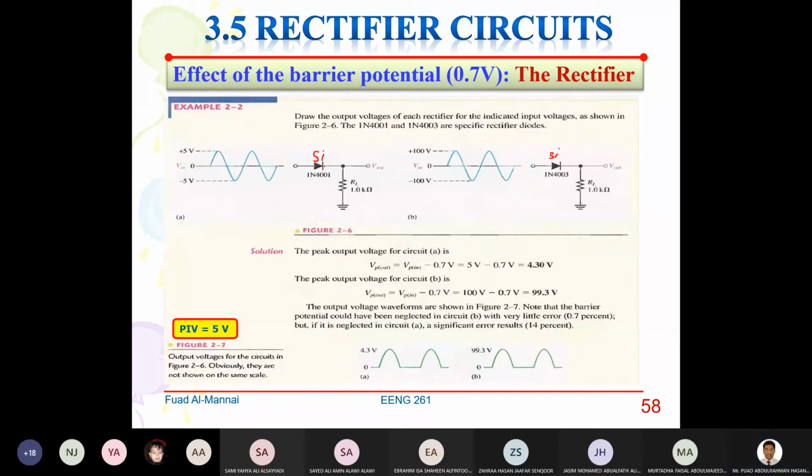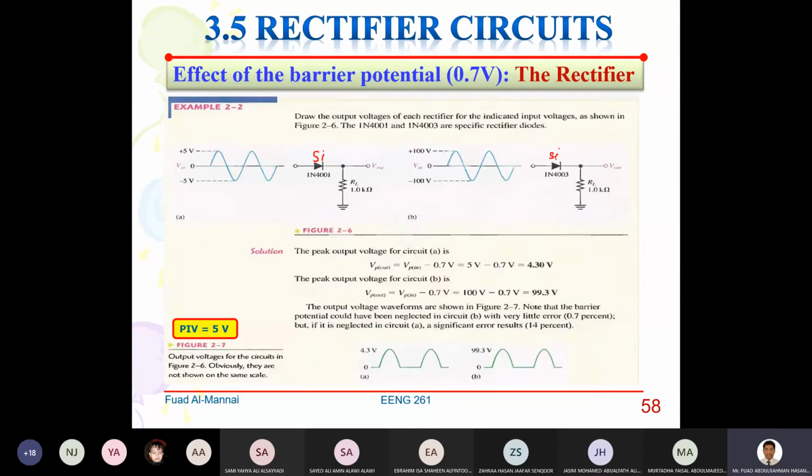Got it? All right. So if you're going to draw the output voltage here, it will be like this, the one below to the left in the middle. This is 4.7 volt, which means 5 minus 0.7 volt, that will give you 4.3 volt. And to the right here, this is 1N4003.